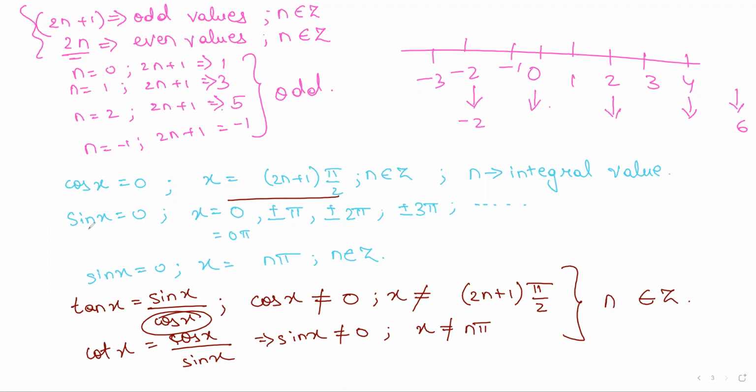Okay. If you want to write this cos x formula in words, it can be written as cos x is equal to 0 only when x is an odd multiple of pi by 2.